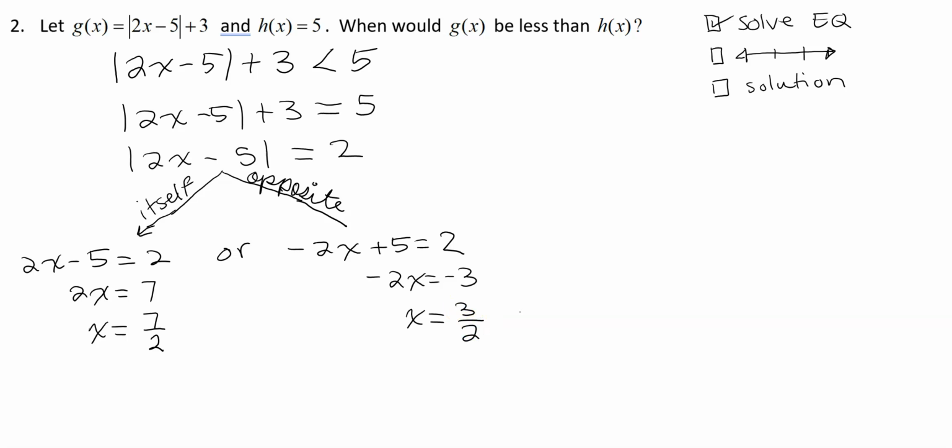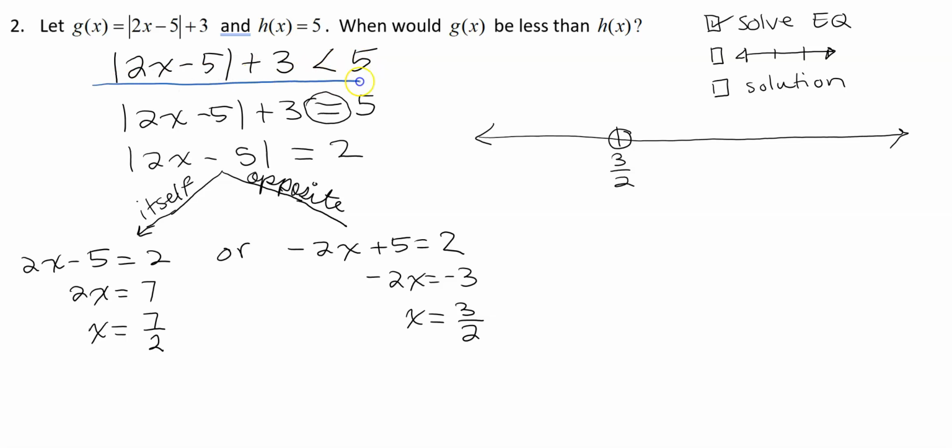So what is going on at these points? These are your critical points, when the left-hand side is equal to the right-hand side. Okay, so when we are looking at our possible solutions, 3 over 2, you are not it, because we only want when the left-hand side is less than the right-hand side.